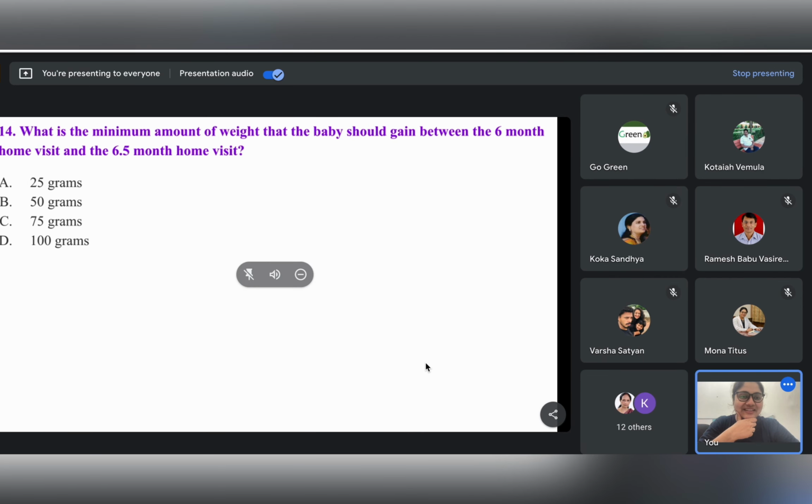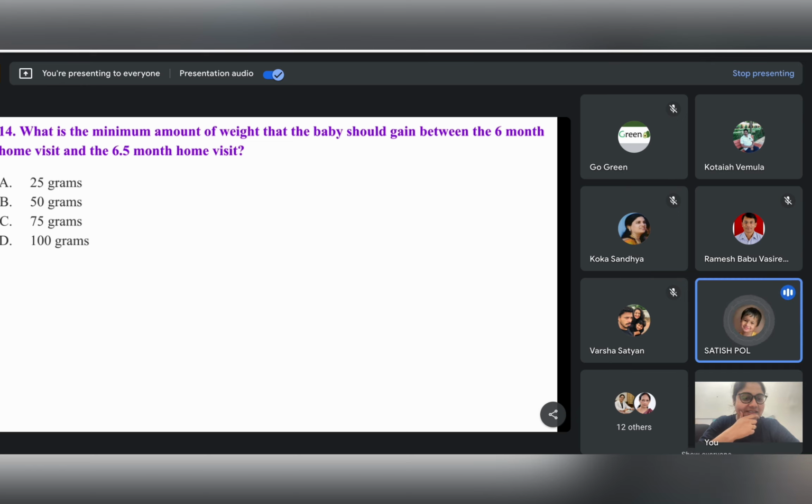Hello, madam. I'm Satish Pol. I am working as a state government CDPO in Thane district. Tomorrow we will have a training session with the supervisors and all the CDPOs of Thane. So I will ask all these questions asked today by our participants. It would be very helpful. Yeah, please share it on this group tomorrow.